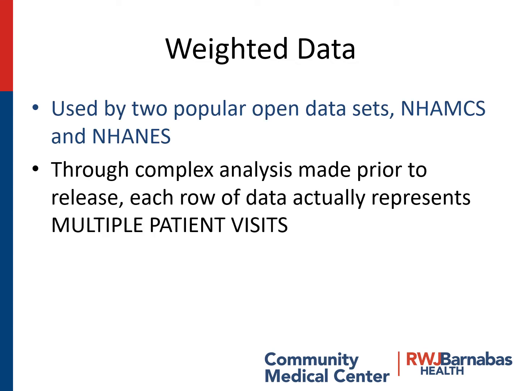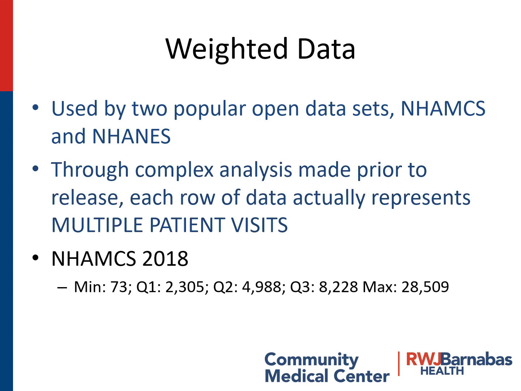Basically, a complex analysis is made prior to the release, and each row of data actually represents multiple patient visits. In the NHAMCS 2018, the minimum was 73, the max was over 28,000. And basically what it does is it statistically represents the entire United States population.